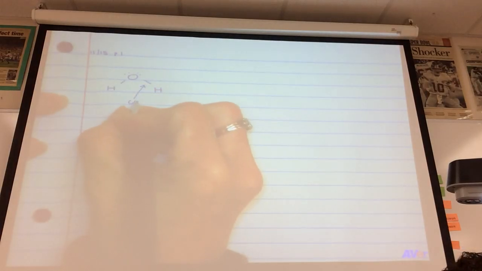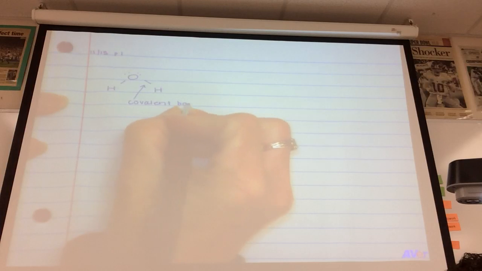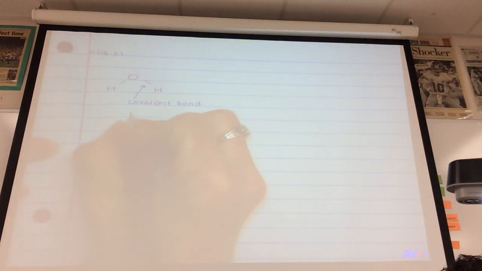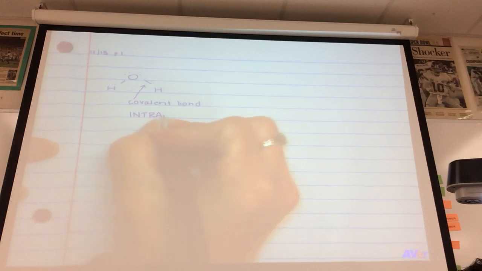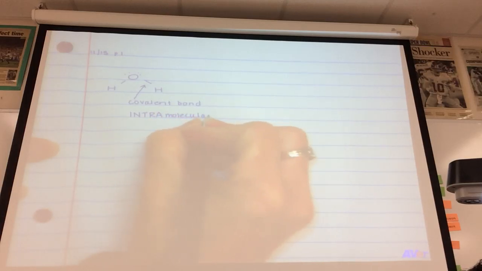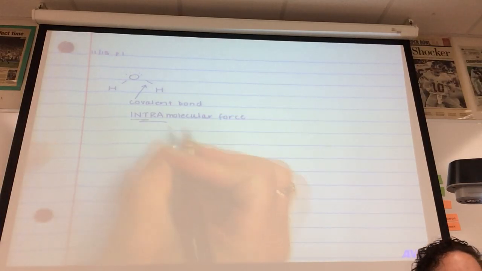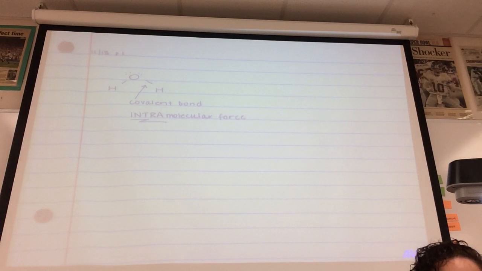This right here is a covalent bond that represents 1 shared pair of electrons. This is an intramolecular force. Intra, within, very strong.